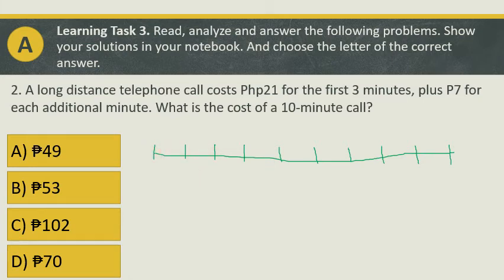So, ito po, simula dito sa unahan hanggang dito, yung 3 minutes ay 21 pesos na talaga siya. So, kada isang minuto na sosobra ay plus 7 ng plus 7. So, halimbawa, ito, 4 minutes na to. So, sumobra ng isa. So, ito ay 7. Tapos, sumobra uli ng isa. So, ito ay 7 uli. So, hanggang sa maka 10 minutes.